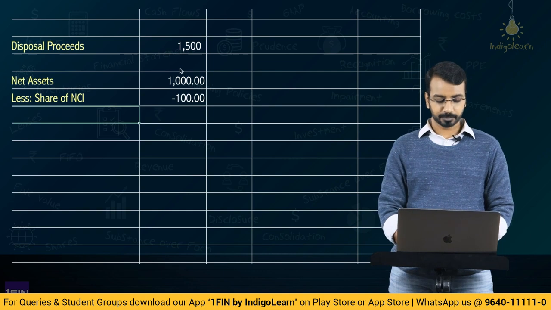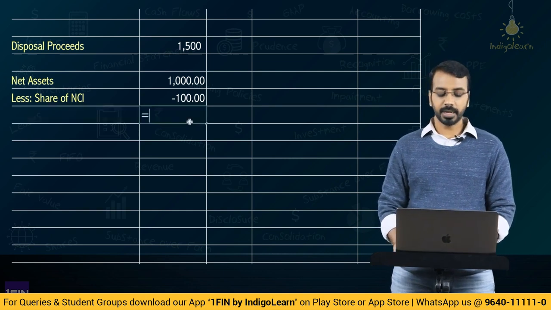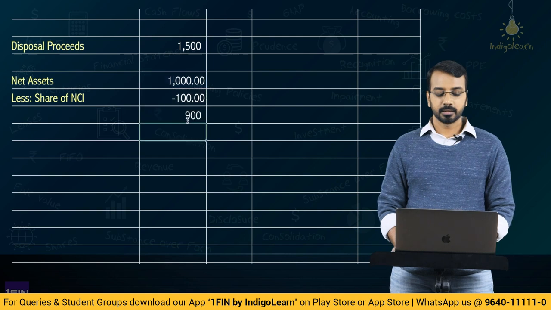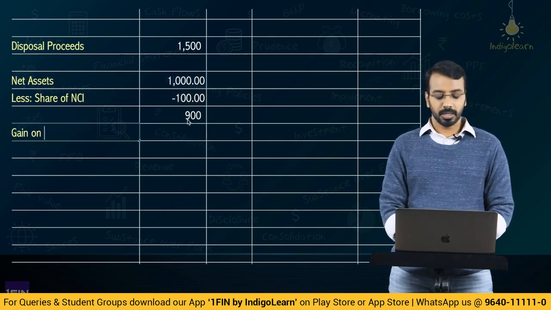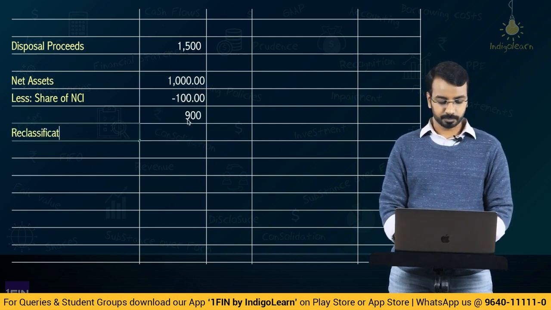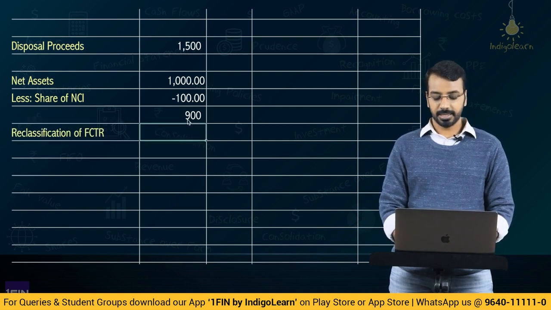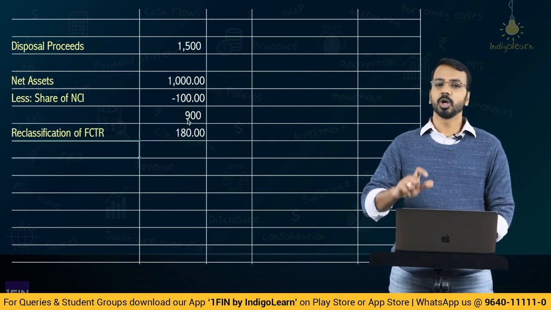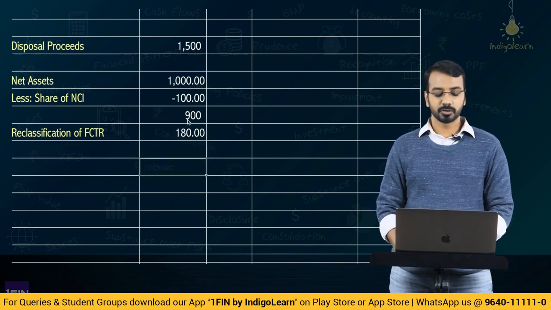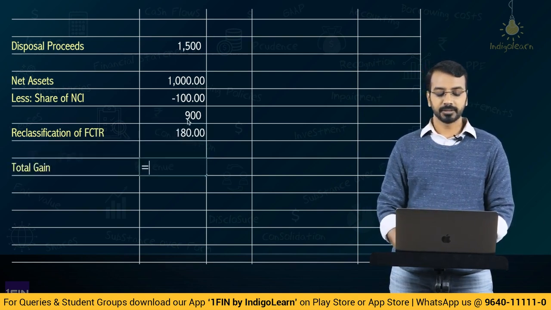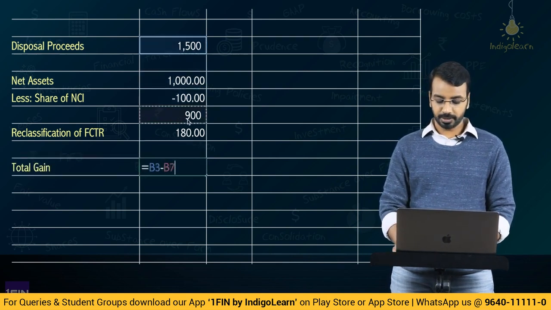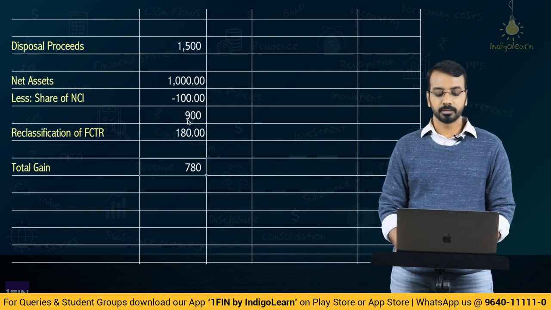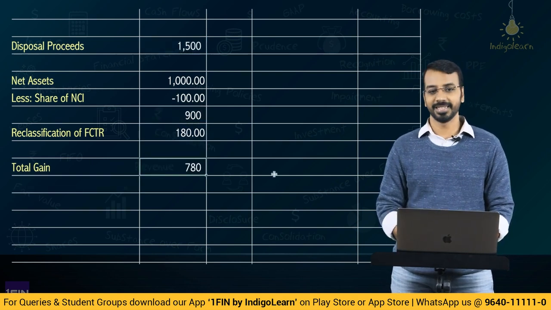Then 1000 minus 100 you get 900, and gain reclassification of FCTR is 180 because 20 pertains to the non-controlling interest. So the total gain is 1500 minus 900 plus 180, that comes to 780.